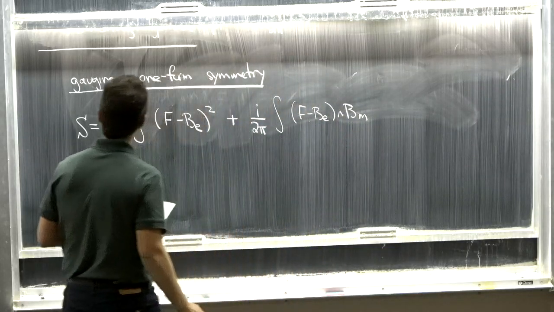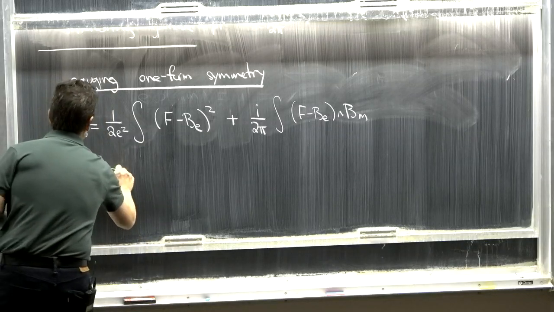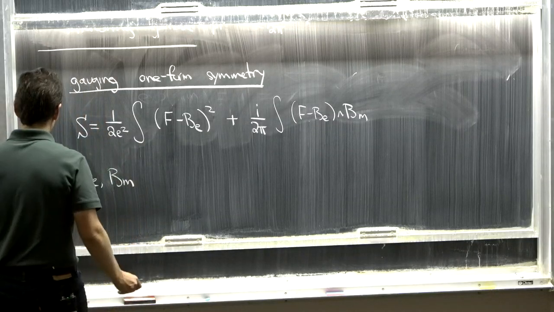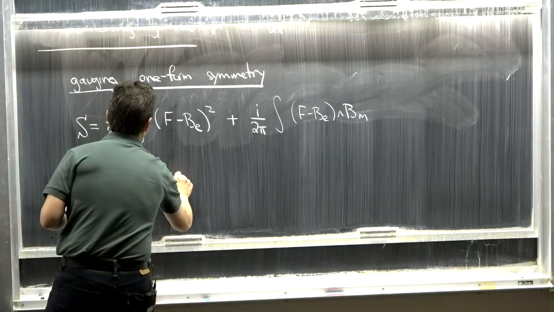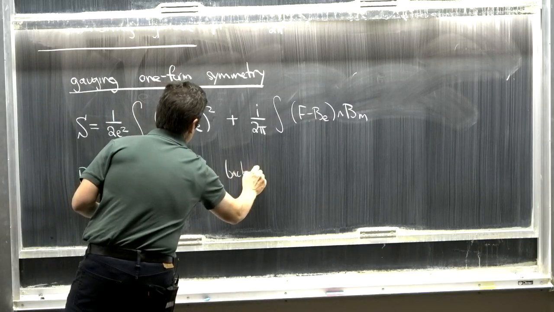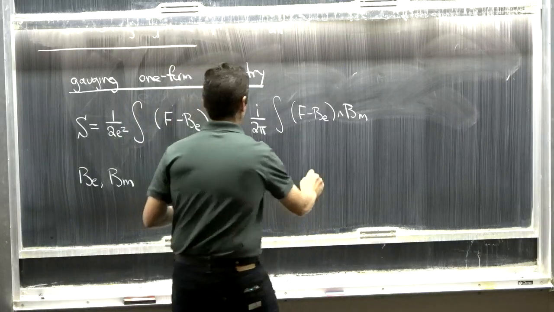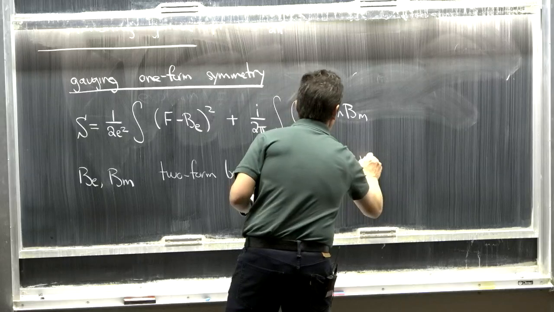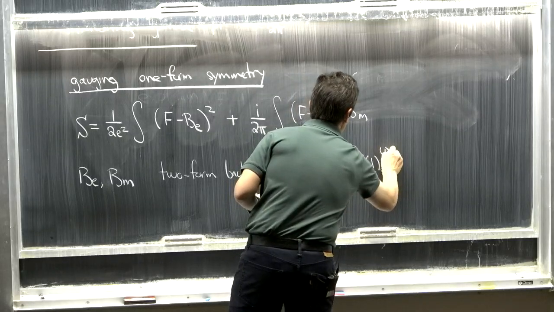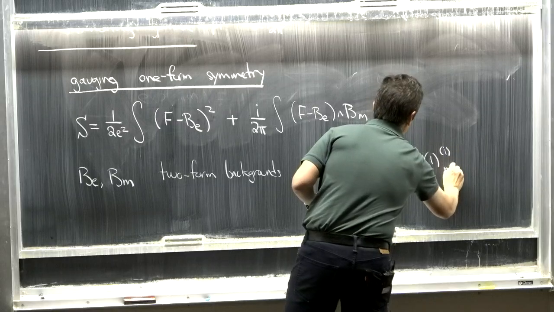So this is the action coupled to background field. So BE and BM are two-form backgrounds for the electric one-form symmetry and the magnetic one-form symmetry.